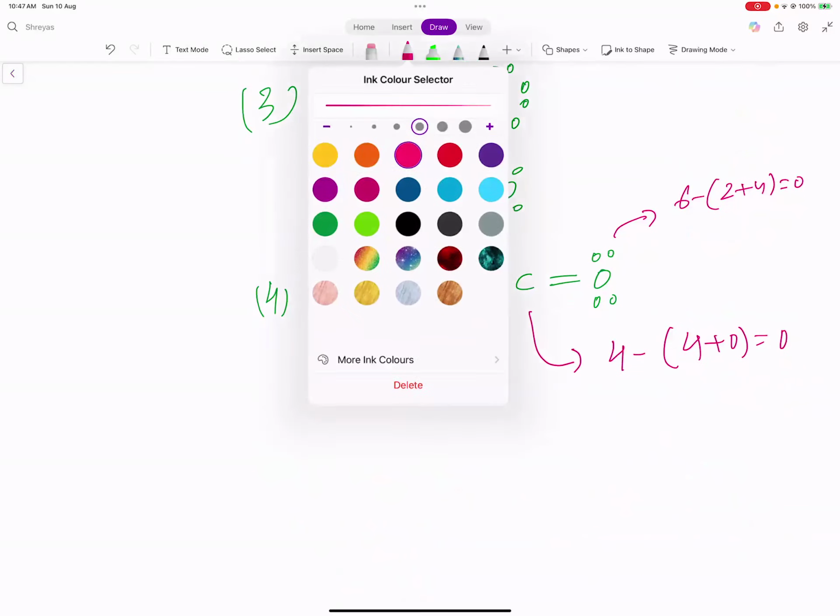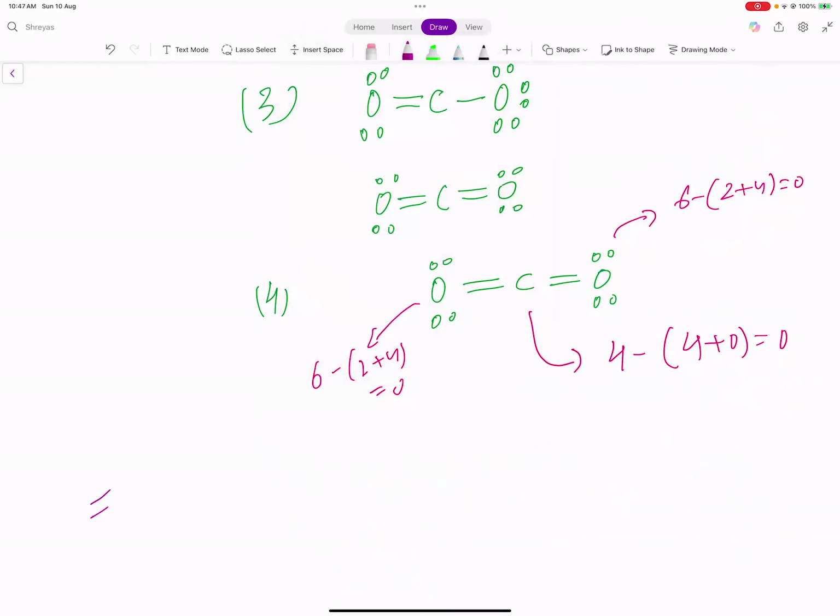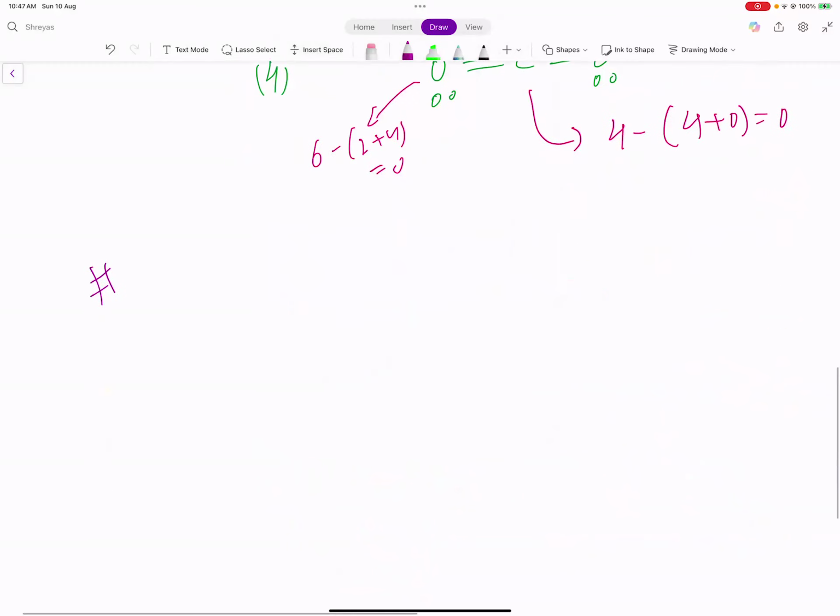I'll give you one more example. CO3 2 minus. So here carbon has 4 electrons. There are 3 oxygen, each oxygen has 6. 2 negative means 2 excess electrons, right? So the total is 24. This is the first step.